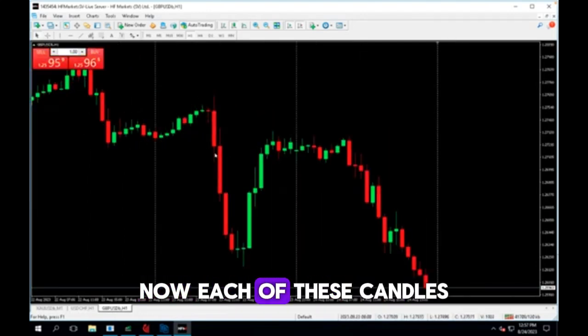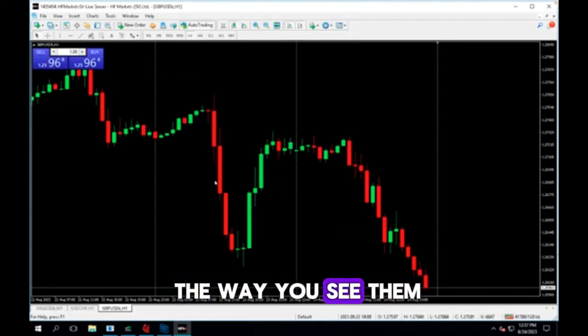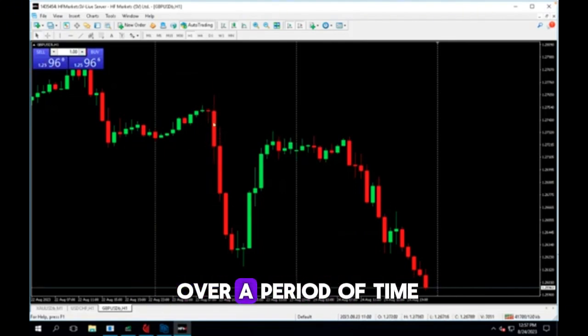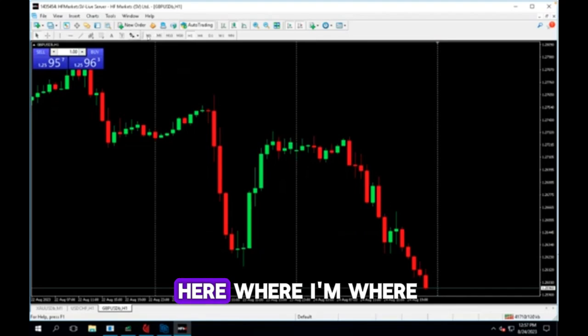Now, each of these candles, the way you see them, represents price action over a period of time. If you look at the top here, where my cursor is, you can see M1, M5. This M1 means 1 minute candle.